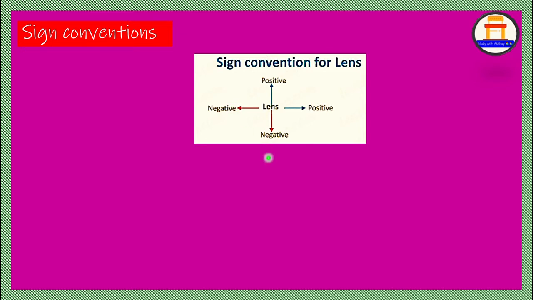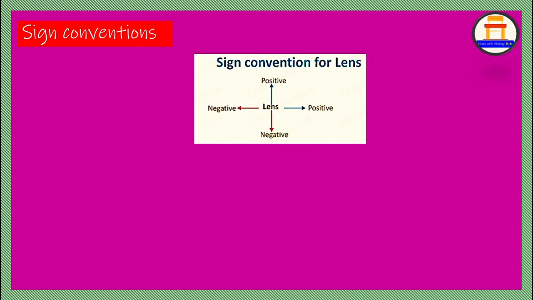Over here also the same concept gets involved. Hope this is clear with all of you. The positive y-axis is on the top and the negative y-axis is on the bottom. The positive x-axis is on the right and the negative x-axis is on the left. If this is clear, we can start with the sign convention concept.